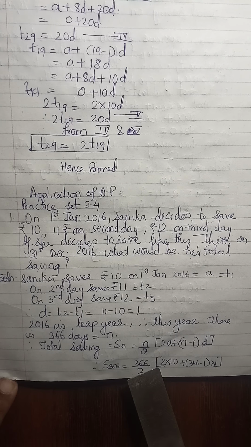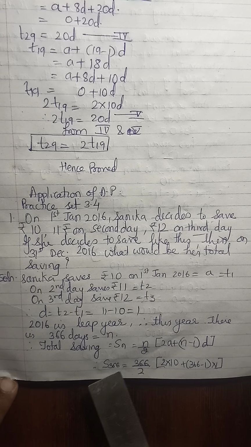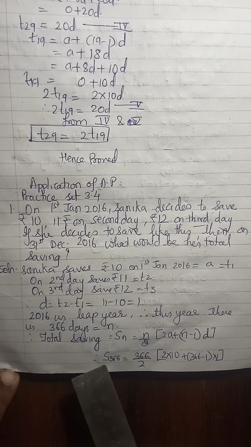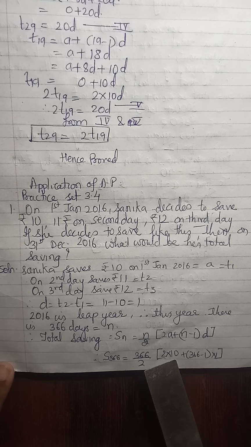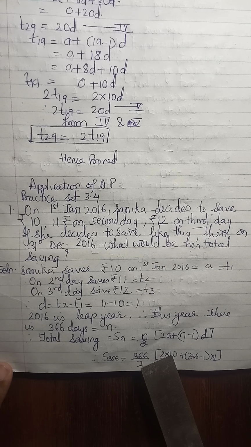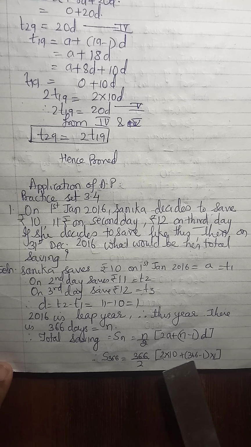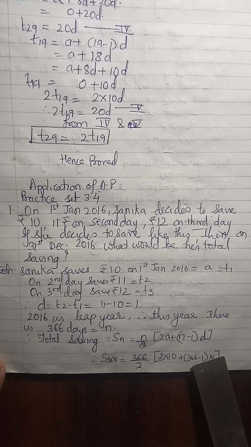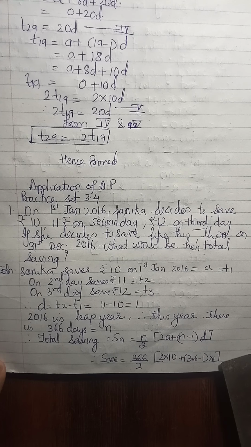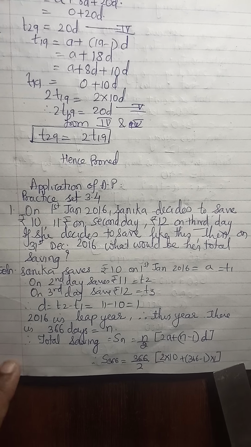Now we know the value of n. S366 equals 366 upon 2 into 2 into a. On the first day 10 rupees is saved, so a equals 10, plus n is 366 because it's a leap year, so 366 minus 1 into d. d is taken as 1, the difference is 1.